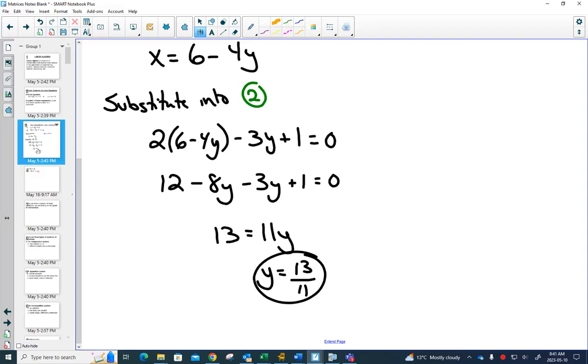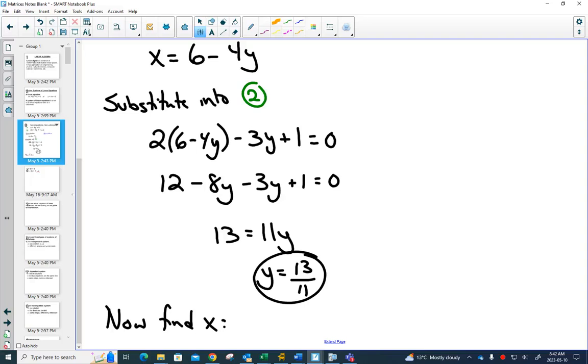And once you have solved for y, it allows you to go back and solve for x. And when finding x, you could plug the y value either into equation 1 now or into equation 2. Some students like to plug it into both to make sure that it works. Some students are like, no, I'm confident that I know what I'm doing, I'm going to just solve for it into one.